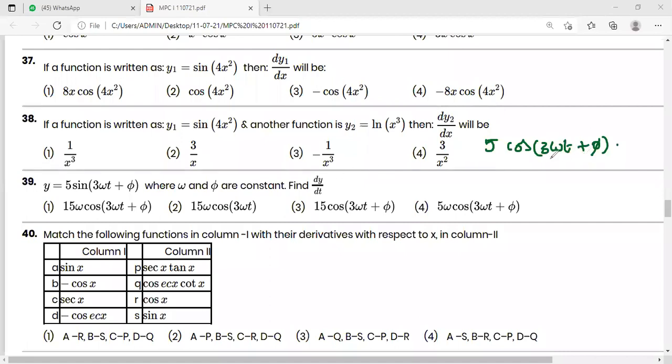What is the inside function? 3 omega t. What is the derivative of 3 omega t? 3 omega only, because t is the only variable there. 3 and omega are constants. So 3 omega plus a constant, phi is constant, so the derivative will be 0. So it is finally 5 into 3 omega, how much? 15 omega cos of 3 omega t plus phi.